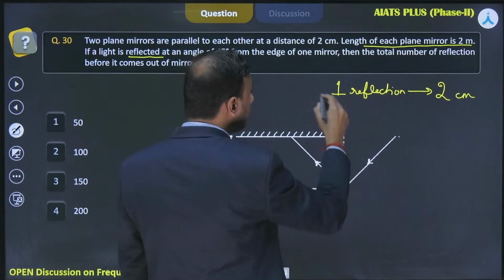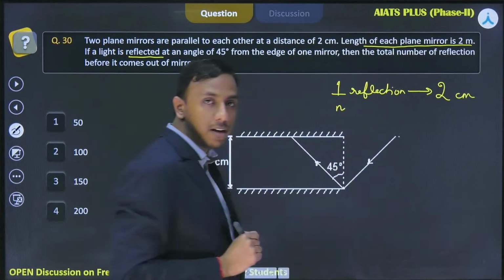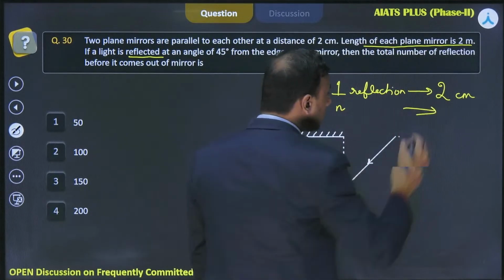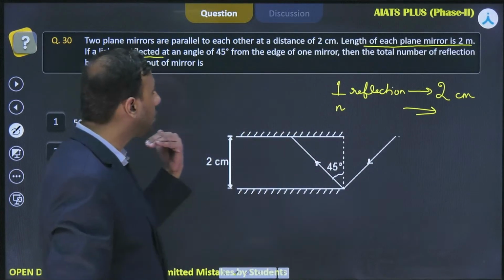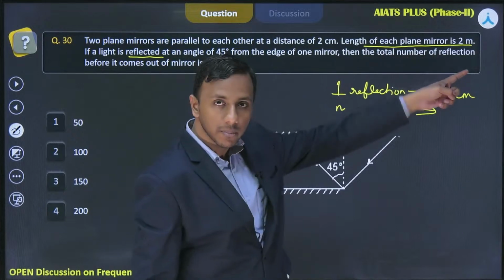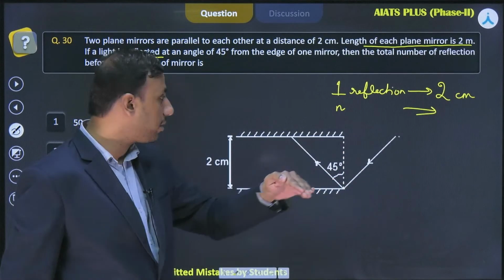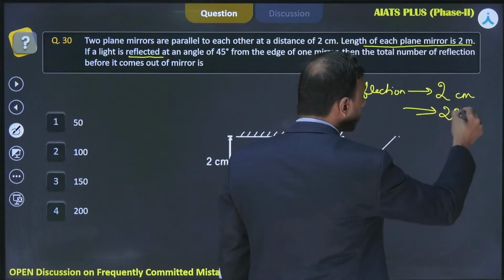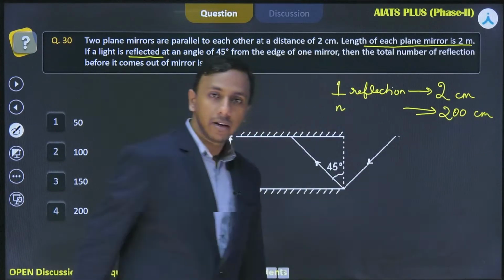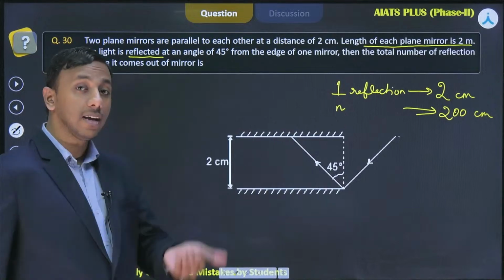Let's say it suffers n reflections. How much distance does it have to cover along the horizontal? The entire length of the mirror, 2 meter, which is 200 centimeter. So how many reflections have to happen?